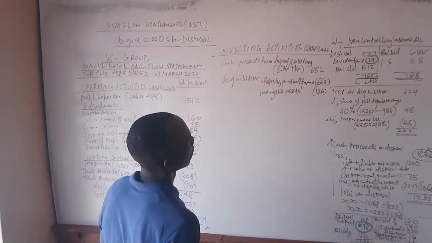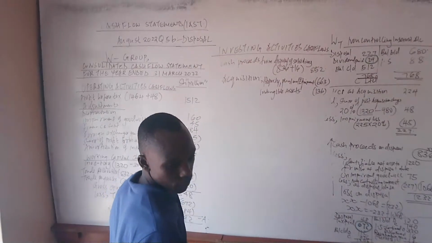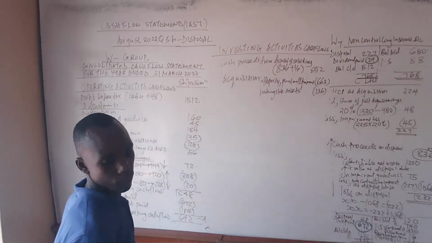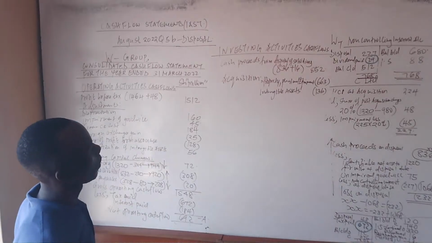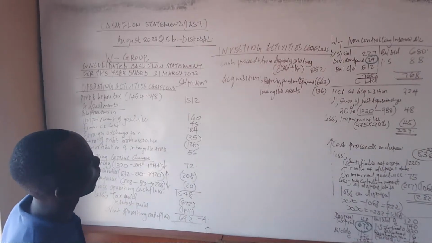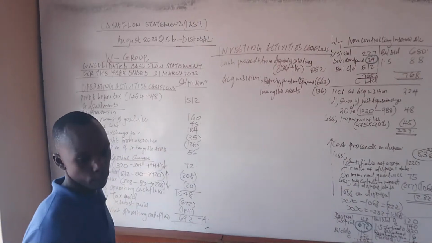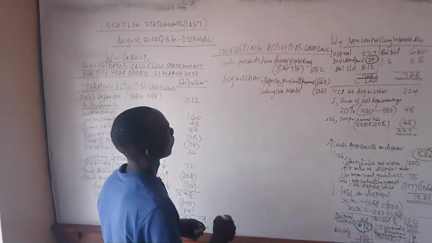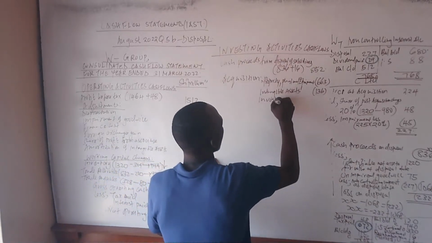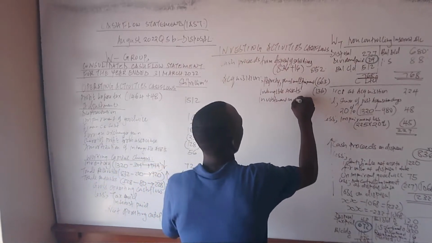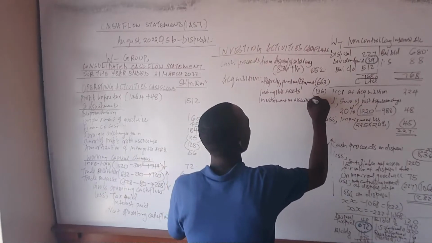So the goodwill we disposed. What else did we acquire? Confirm from the T accounts. We need investment in associates. We acquired investment in associates. We acquired how much?